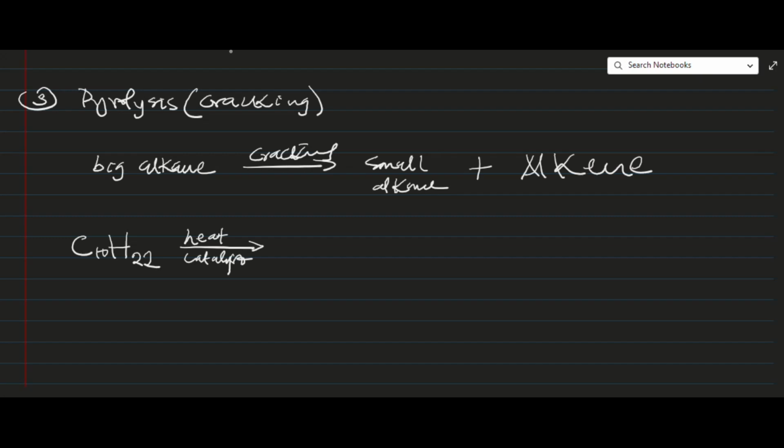It is easy, just write an alkene first. An alkene that is smaller than the larger alkane that you started with here. Put an alkene here. It can be C4 if you like, C4H8. So the remaining atoms of carbon and hydrogen will give you the smaller alkane you are expecting.